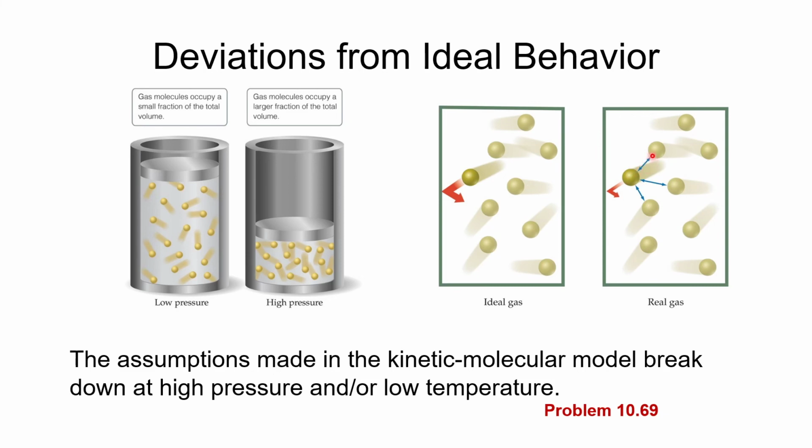Well, in some cases, as the attractive forces become stronger, that means that the molecule isn't moving with as much force when it hits the wall, which means that the pressure is going to be less. We'll find that these interactions become more important at low temperatures. So we'll find that the assumptions for kinetic molecular theory start to break down at low temperature and high pressure.